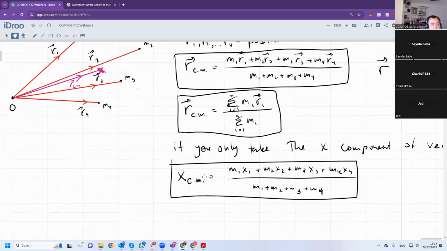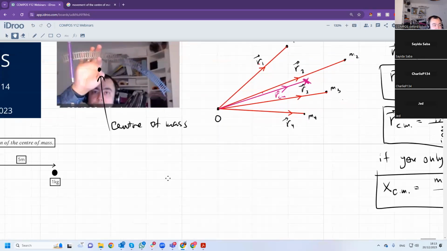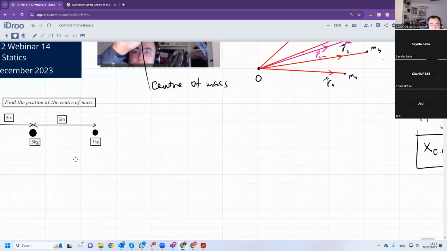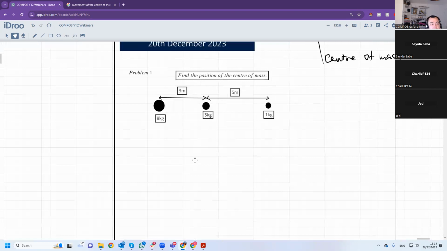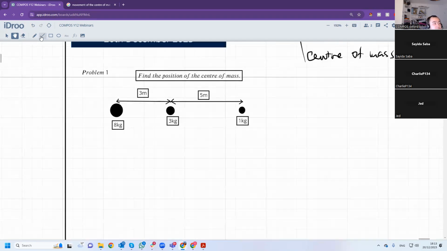Okay, so you've got the center of mass. And from now on, it's incredibly straightforward. Sounds like I said the word straightforward too many times today. Anyways, we're going to choose where the origin is. It doesn't matter where we put it, but it would be reasonable to put it here.